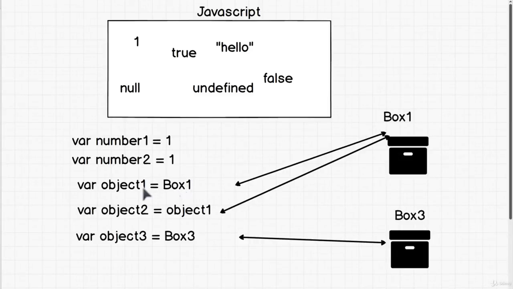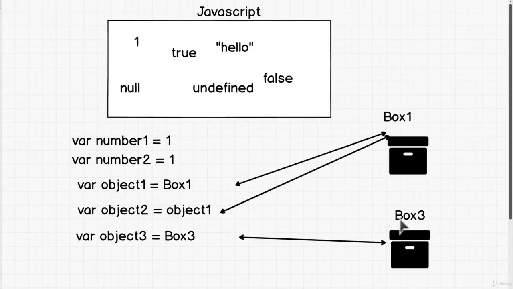So we're saying object1, I'm just letting you know that this is the address of all the contents that you want. And that's in box 1. Object2 is saying, I want whatever is in object1, and we look in object1, and object1 just has the information of box 1. So it references that. And object3 creates a new object, so it's saying, I'm going to put my contents in box 3, and I'm just going to have the address of the box saying box 3.